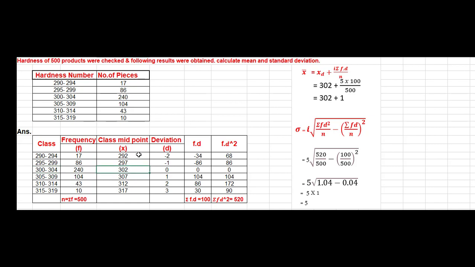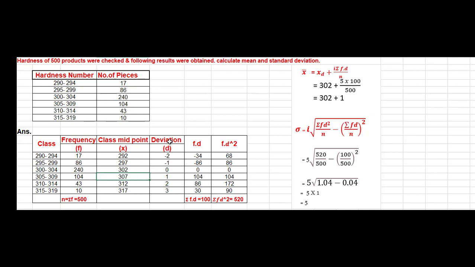So in that way we can find the class midpoint from the class value, and each class midpoint has an interval of 5. 292 and 297 have a difference of 5, and similarly 297 and 302 have a difference of 5. All the class midpoints have a difference of 5.